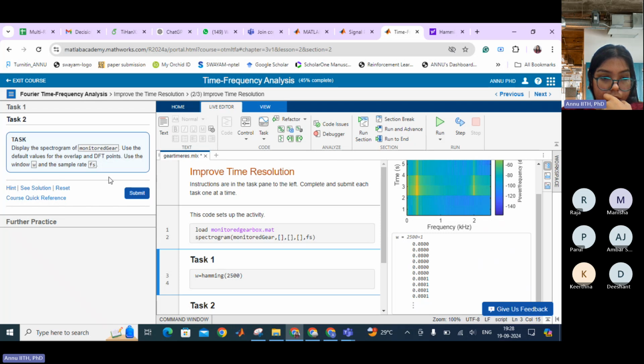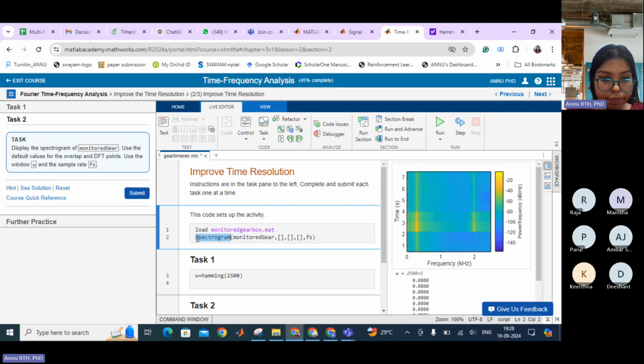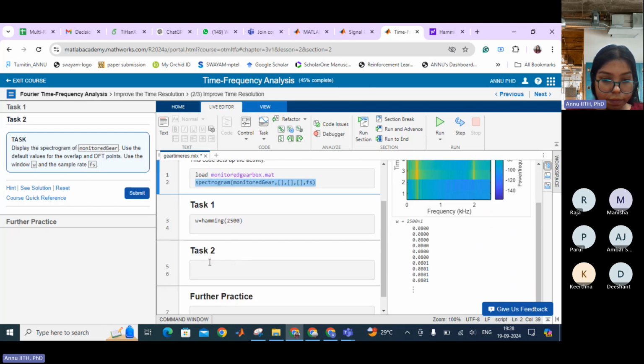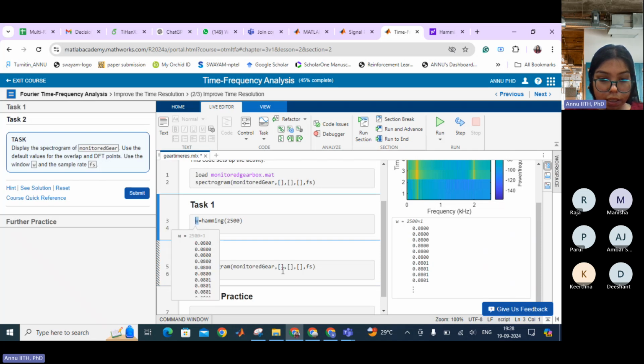Display the spectra, okay? Now, instead of default values, you'll keep this.